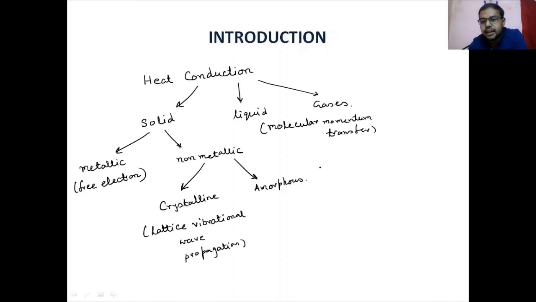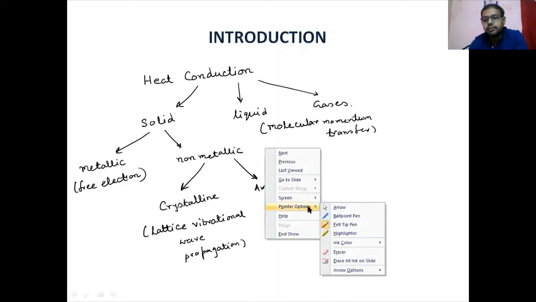What is the cause of heat convection? Heat convection is caused by bulk fluid motion, which I have already discussed. Heat convection: the main reason is the bulk motion of the fluid.